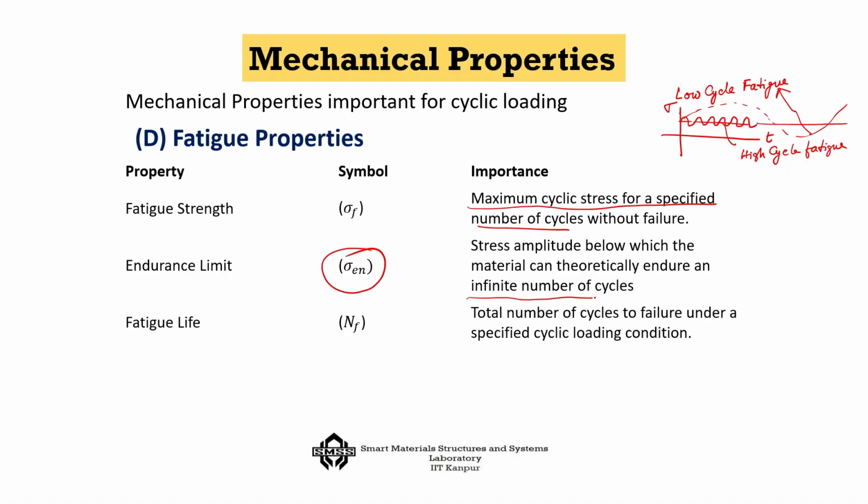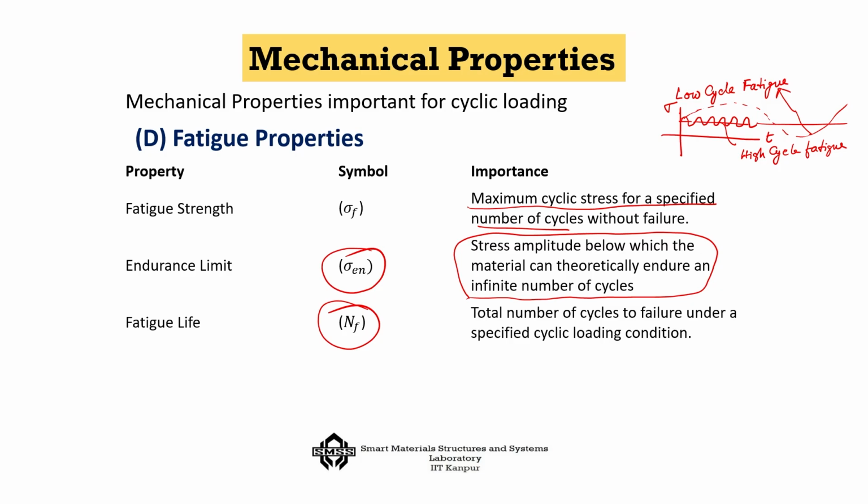So, there the endurance strength becomes important for us, that is the stress amplitude below which the material can theoretically endure an infinite number of cycles. And finally, of course, the number of cycles itself, NF, that is the total number of cycles to failure under a specified cyclic loading condition. So, all these three things become important for the fatigue related properties.